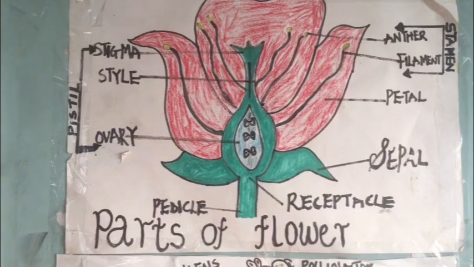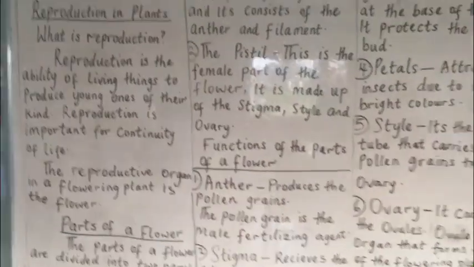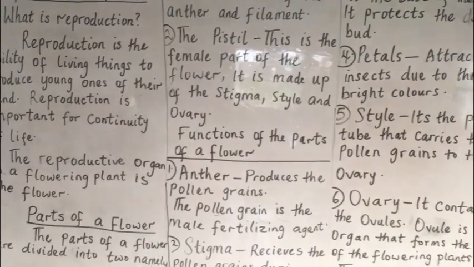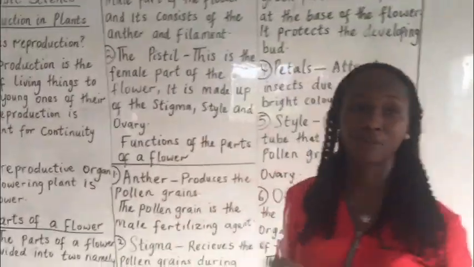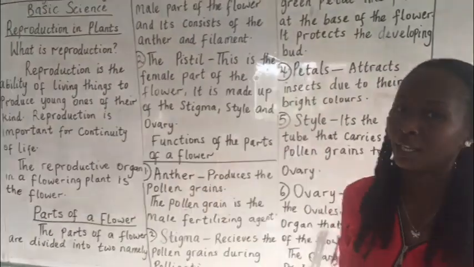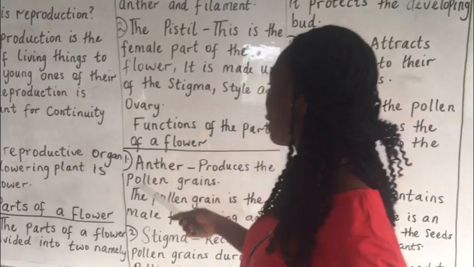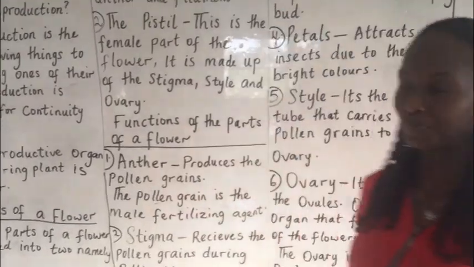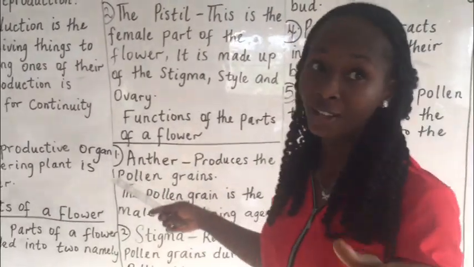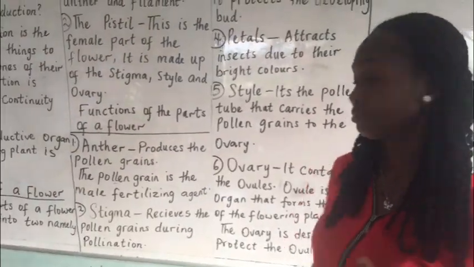Now, going further, we want to go to the functions of the parts of a flower. Having known the various parts of the flower, we want to know what role they play. The first one here is the anther. Remember, the anther is part of the male part of the flower.